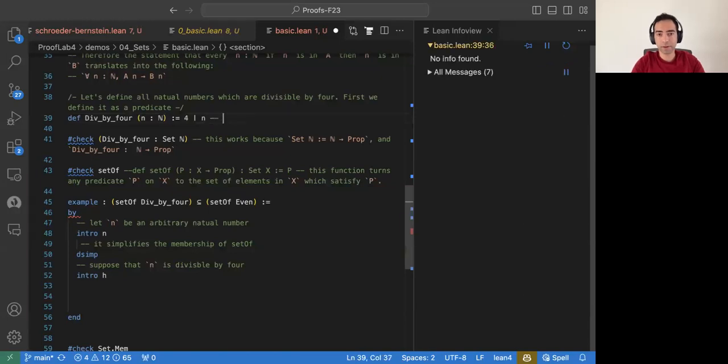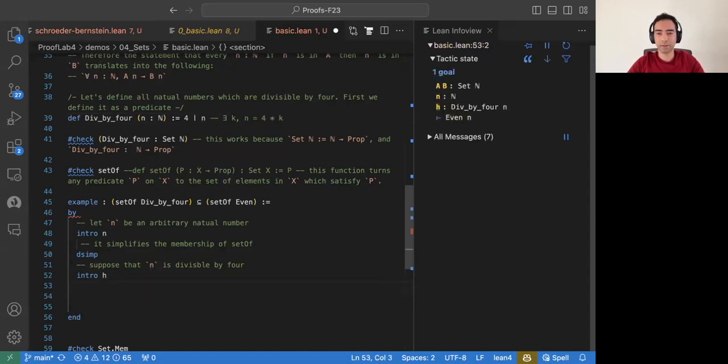So we have to understand, H proves that 4 divides n, right? But really, what does 4 divides n mean? It means that there exists some k such that n is 4 times k. Do you agree with this? So H is a proof of this statement. And now, because we can break it down into 2 parts, a k and a proof of this identity, how do we do that?